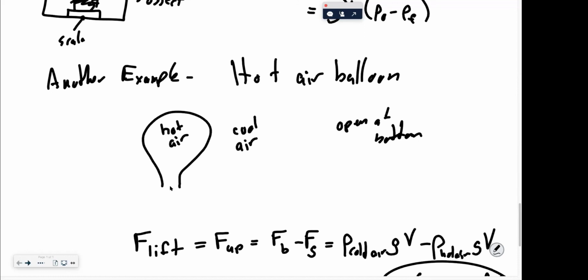It's got to be at the top of the balloon, right? You've got a very low density, very hot air that's right at the top of the balloon, and you've got a lot of pressure pushing up at the top of the balloon, and you've got not a lot of pressure pressing down from the cooler air at the top of the balloon. That's where that pressure difference has to happen. And that's where all of the delta P has to be stored, at the top of that balloon.